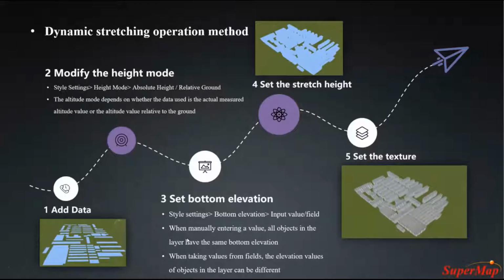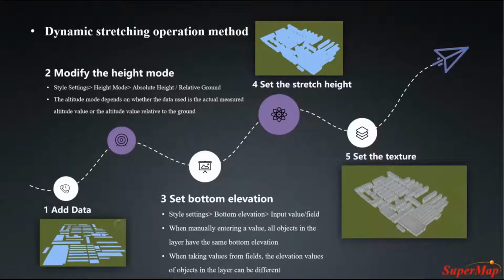When we manually enter the value, all objects in the layer have the same bottom elevation. So if we set its altitude, it will have the same bottom elevation. And when we take the values from the fields, the elevation values of the objects in the layer can be different.